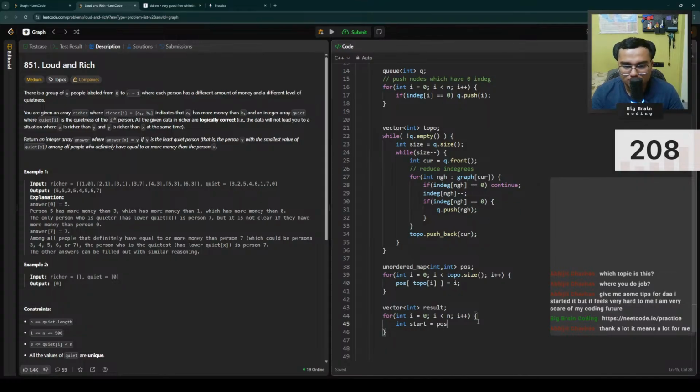Int start equals pos of i, right? For int j equals start plus 1, or just start, j is less than n, j plus plus, right? Minimum quiet. Quietest equals quiet of start.